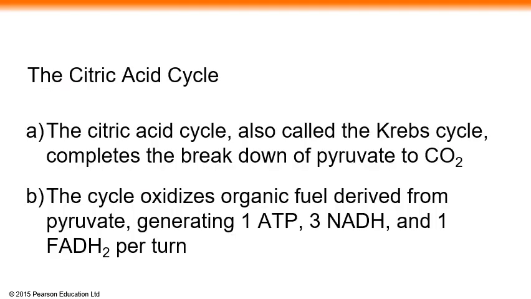The citric acid cycle, also called the Krebs cycle, completes the breakdown of pyruvate to CO2. So through the Krebs cycle, the organic compound is going to be broken down completely into CO2. The cycle oxidizes organic fuel derived from pyruvate, generating 1 ATP, 3 NADH, and 1 FADH2 per turn.